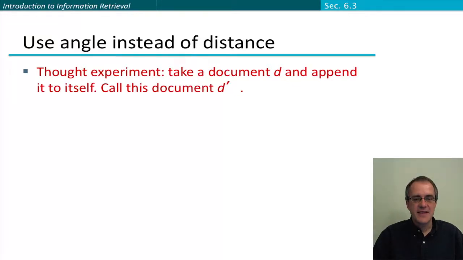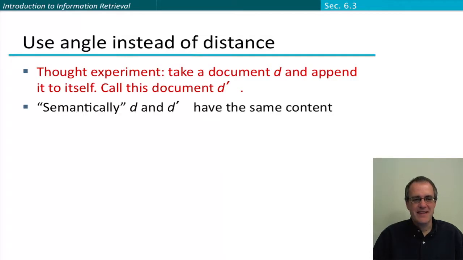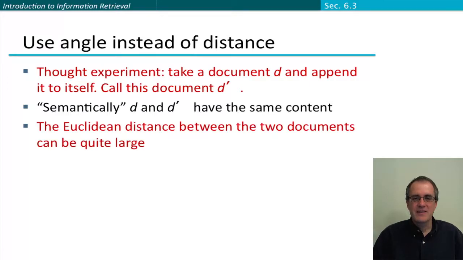So let's in particular motivate that once more by considering this thought experiment. Suppose that we take a document and append it to itself, giving us a document D prime. So clearly semantically, D and D prime have the same content. They cover the same information. But if we're just working in a regular vector space with Euclidean distance, the distance between the two documents will be quite large.